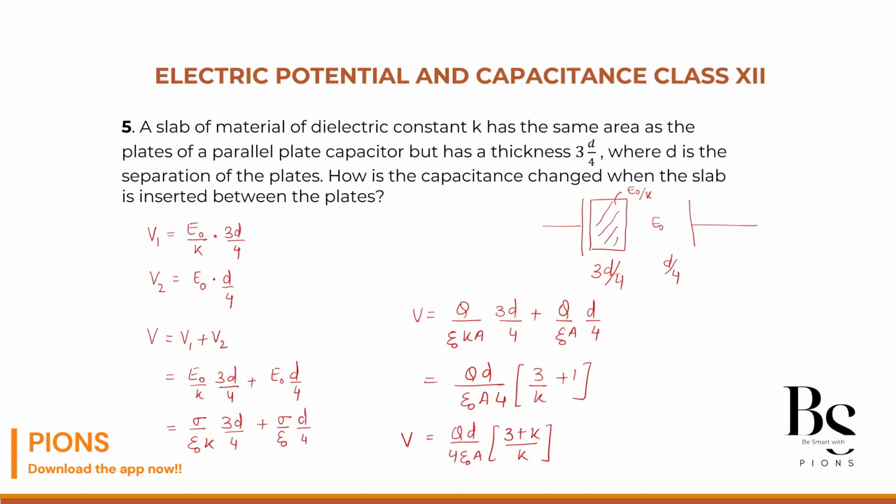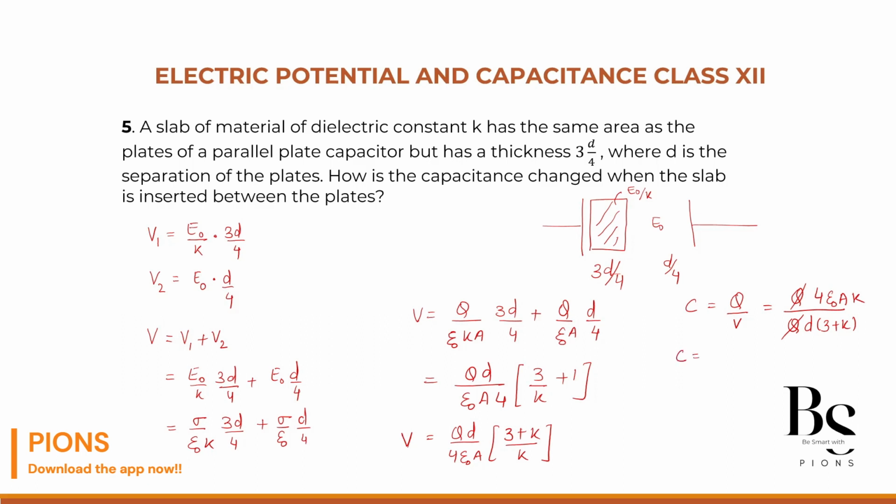If this is the voltage across this capacitor, what will be the capacitance? Sir, capacitance will be simply charge upon voltage. So what is our voltage? Q upon voltage. Q, D and 3 plus K, remaining will go up: 4 epsilon naught A K. Let's cancel this with this.